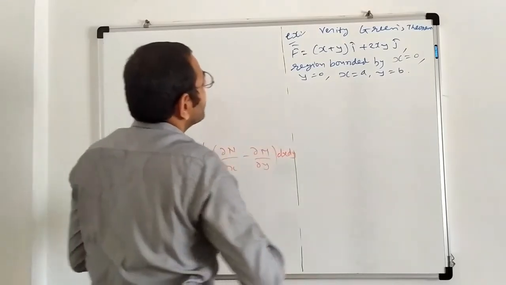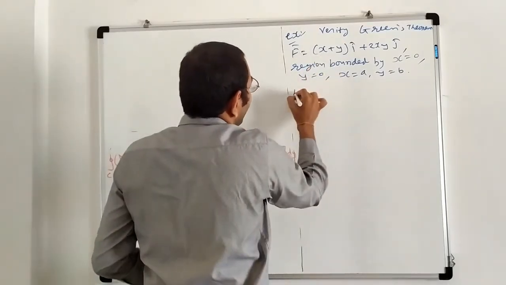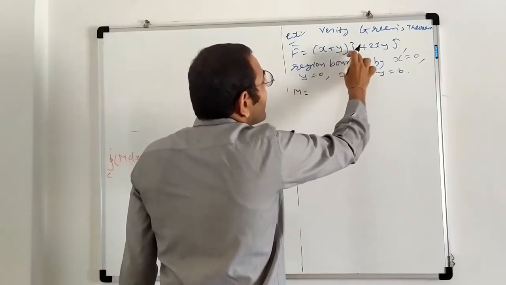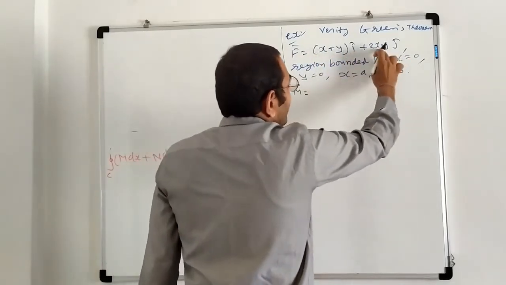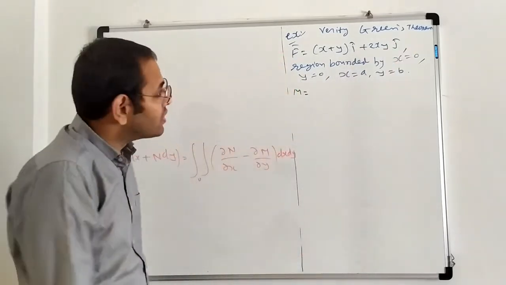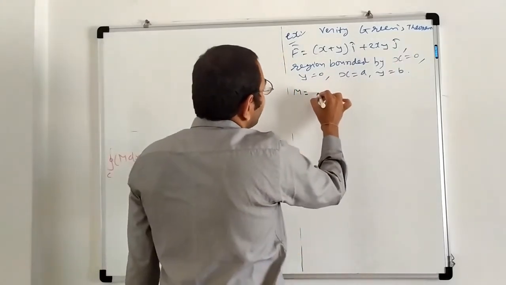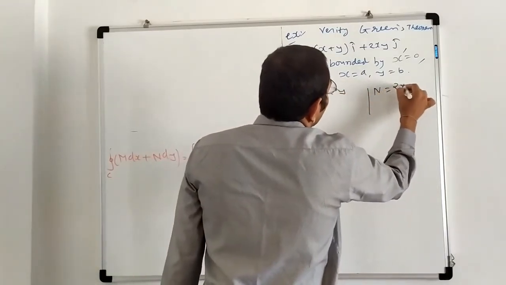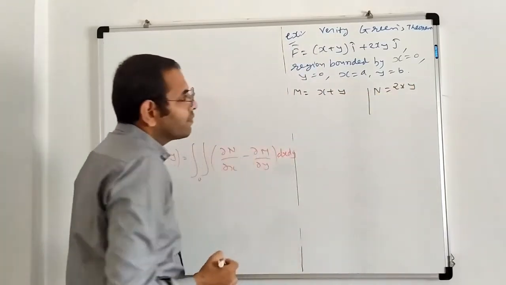According to this, the value of F bar dr is (x plus y) dx plus 2xy dy. This equation is considered as a line integral. Then M is equal to x plus y, and N is equal to 2xy.